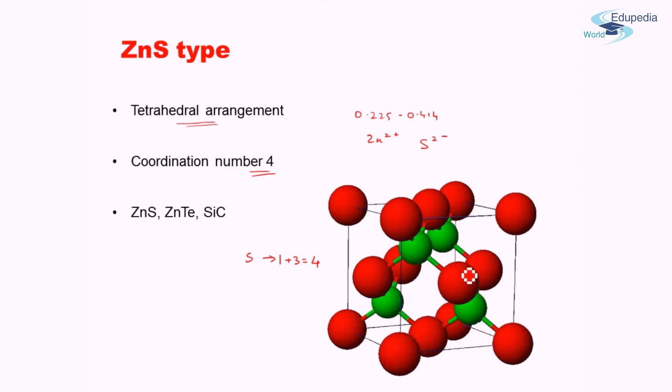Now where are the zinc atoms located? The zinc atoms are located at the tetrahedral voids. But one thing to note here is that the zinc are not located at all the tetrahedral voids available. In this structure there are 8 tetrahedral voids available. Only 4 of them, the alternate ones, are occupied by zinc.